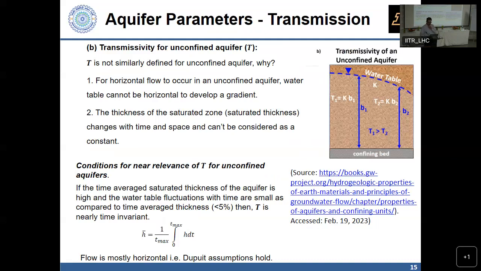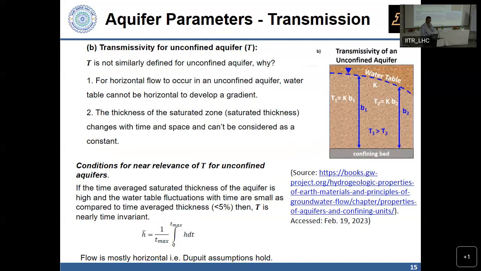And that is what is indicated over here, that if these fluctuations of the water table height are small compared to the thickness of the aquifer, so there is a mean piezometric head, H, changes are small, then we are still able to describe an average H bar, an average height at any given location, and talk about a transmissivity. But you have to realize that the transmissivity is now going to be depending on H.